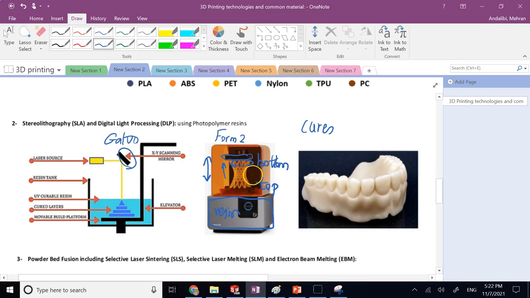What else? When you print a part, typically you don't directly get it out of the printer and use it. Why? Because most of the time there is a little bit of resin that is not completely cured left on the part, and these resins most of the time are going to cause skin irritation for you if you touch them.